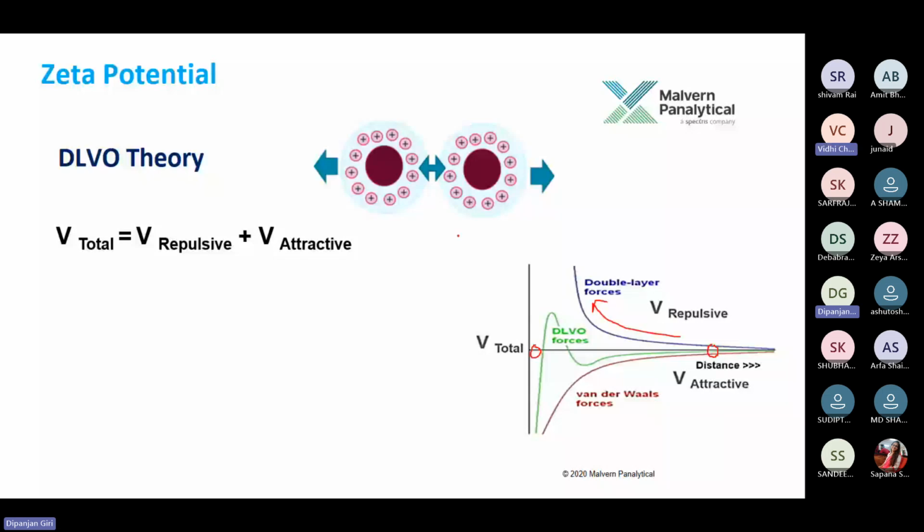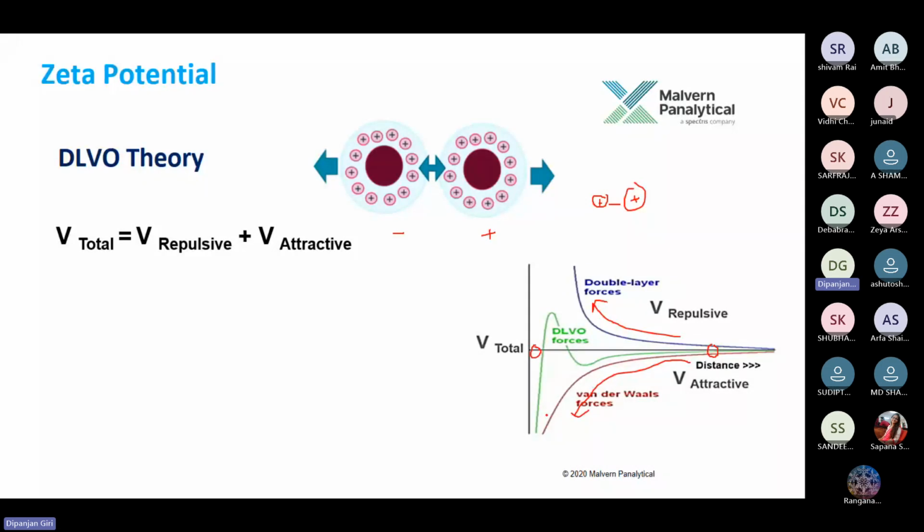And if one is positive and one is negative, if you bring them close, they will attract, so van der Waals forces give the attraction. And third, if you bring two same-charge particles into very close proximity, initially they will repel, and after that they will attract. That is due to the orbital overlap of the two charges. So this will be called the primary minima.